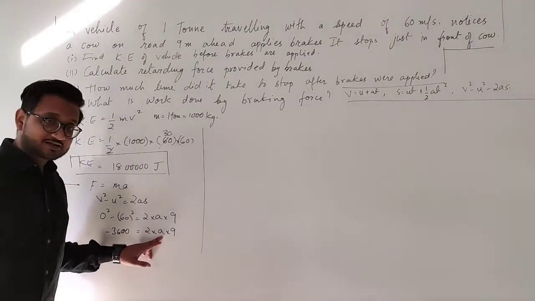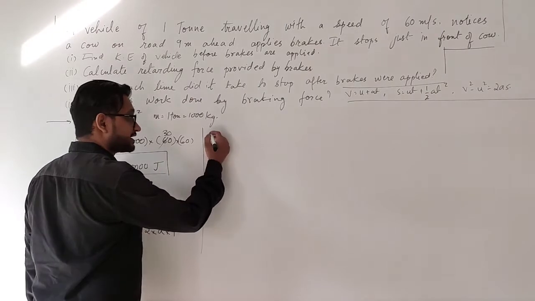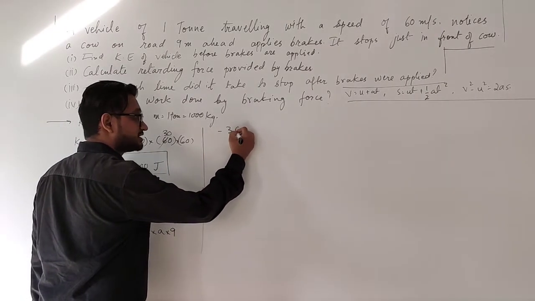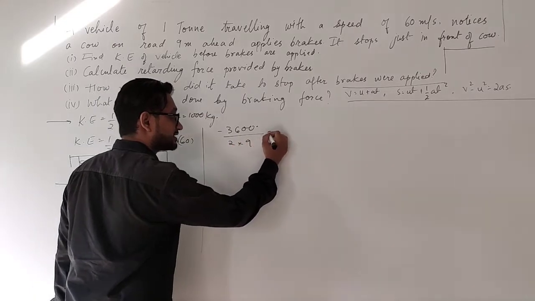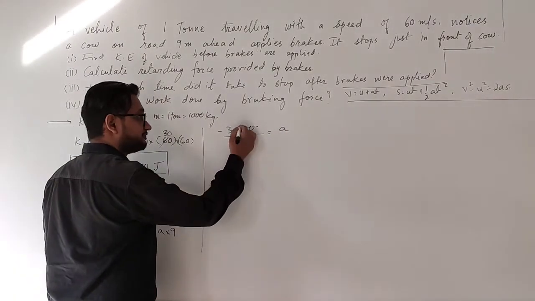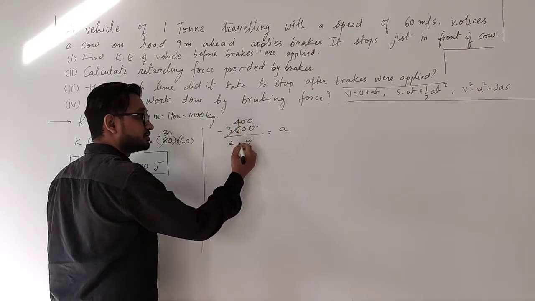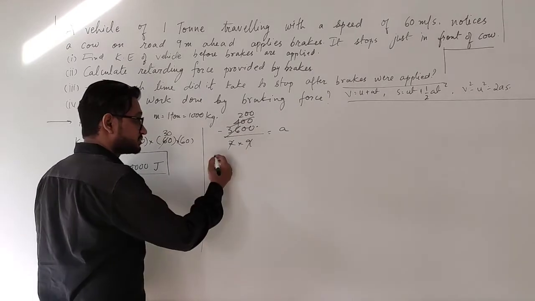Now we need to find the acceleration, so we will cross multiply 2 and 9 over here. So the next part becomes minus 3600 upon 2 into 9 equals a. Okay, 9 4s are 36, 0, 2 into 2 is 4 and 2 zeros as it is.